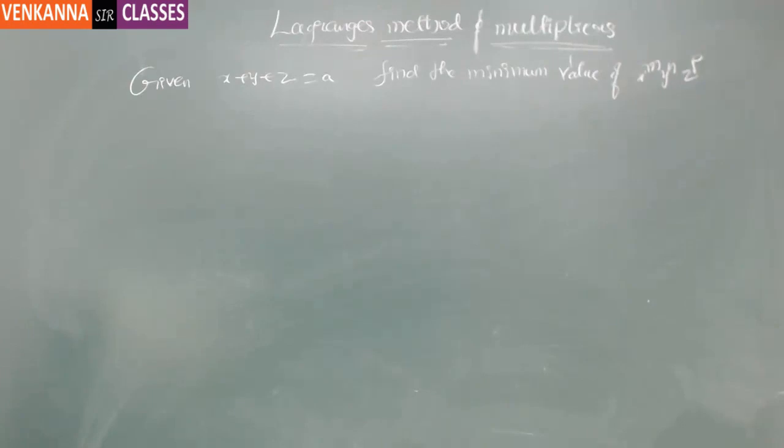So that function is x power m, y power n, z power p. If you replace those values there, you will be getting the final answer. Got it? I hope I don't need to solve this.